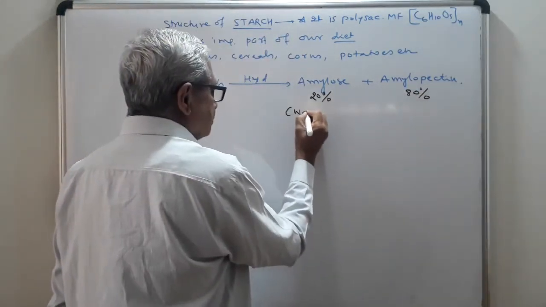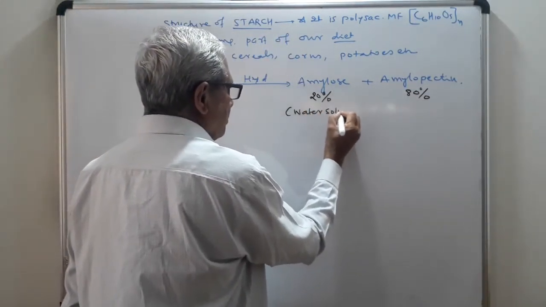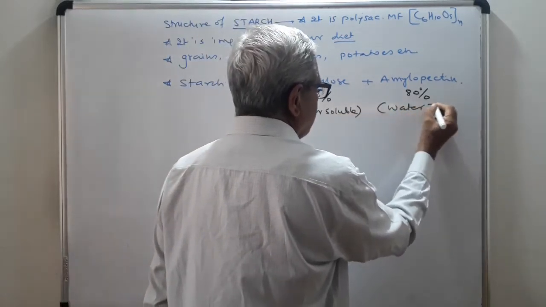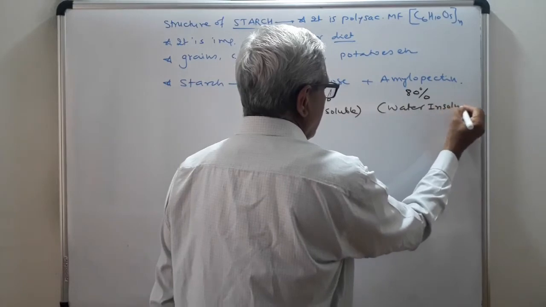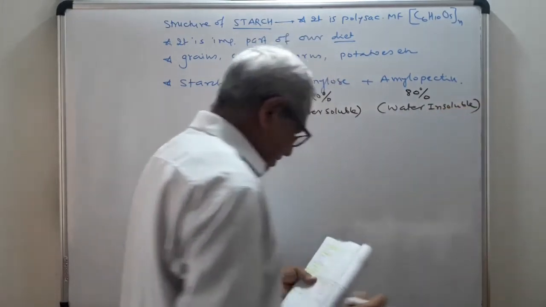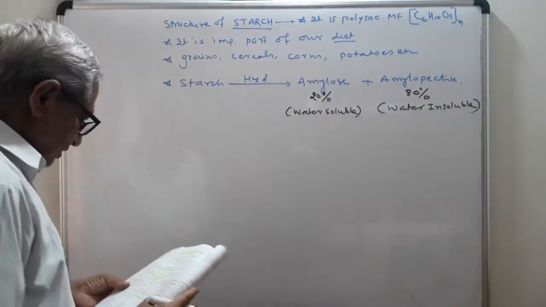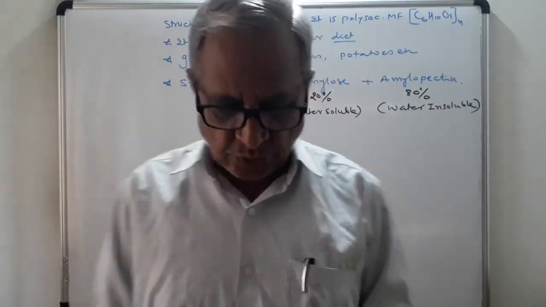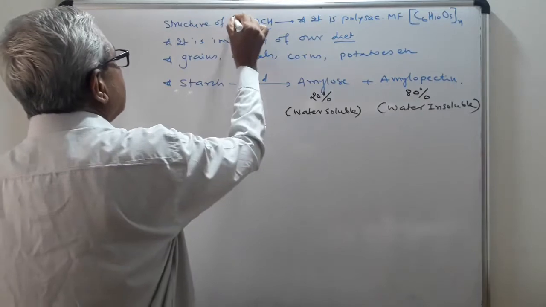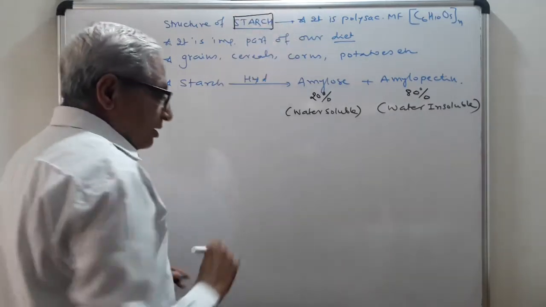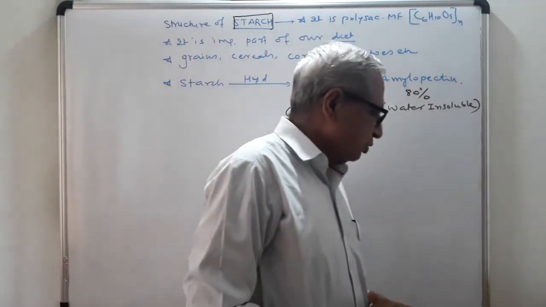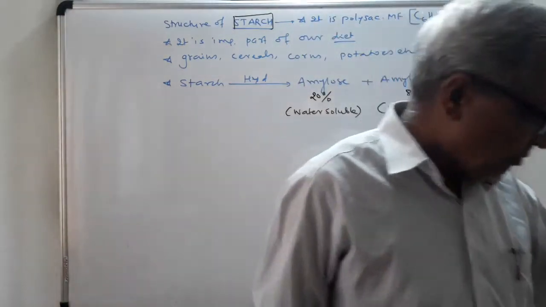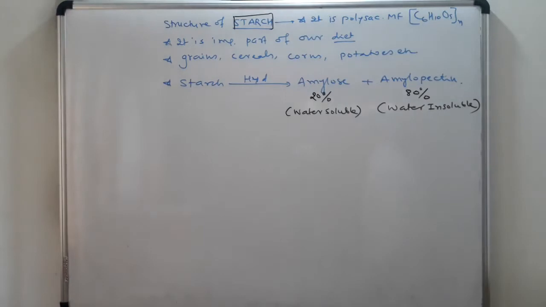Amylose is water soluble, amylopectin is water insoluble. Therefore, as the water insoluble part is higher, totally starch will become water insoluble. So remember that starch is water insoluble. Separately you have to learn the structure of amylose and amylopectin.